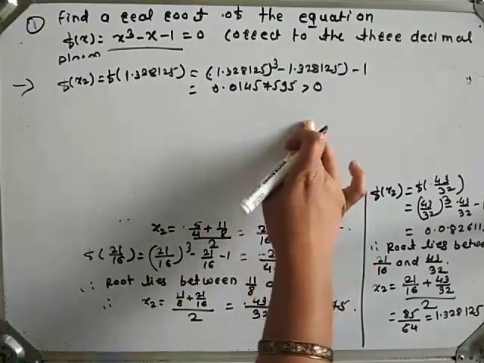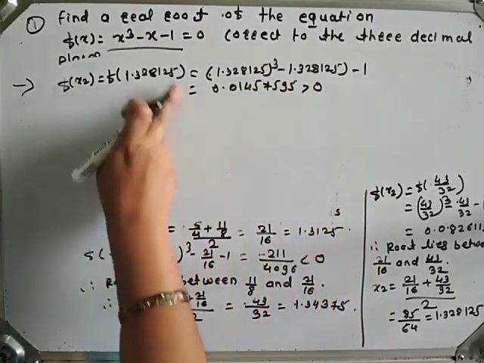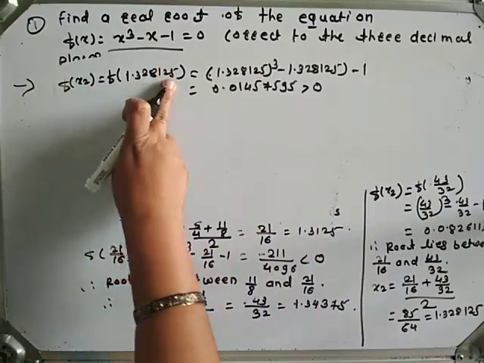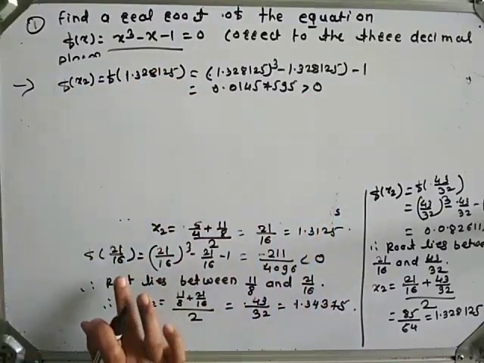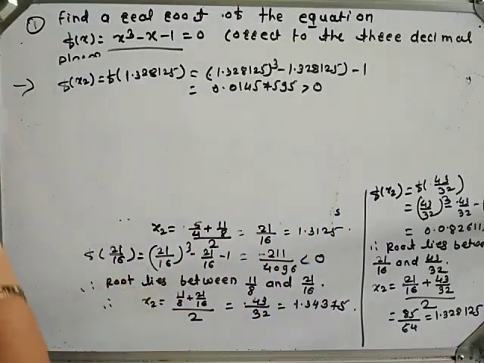See here, f at 1.328125 is greater than 0 and f at 21/16 is less than 0.